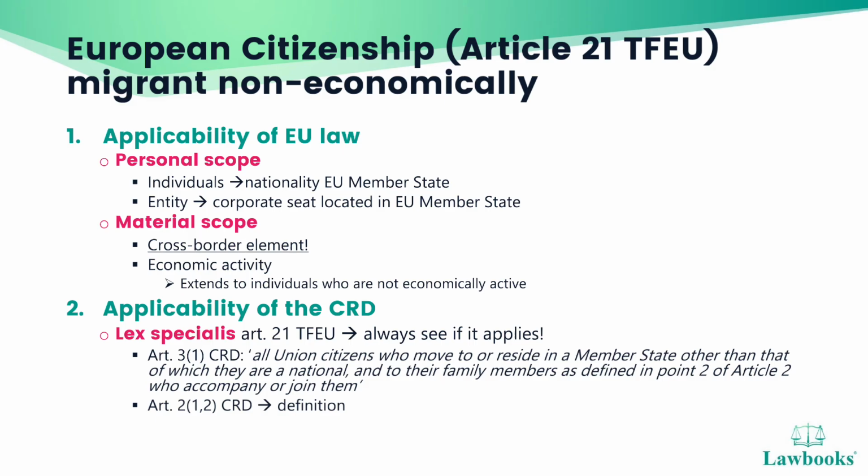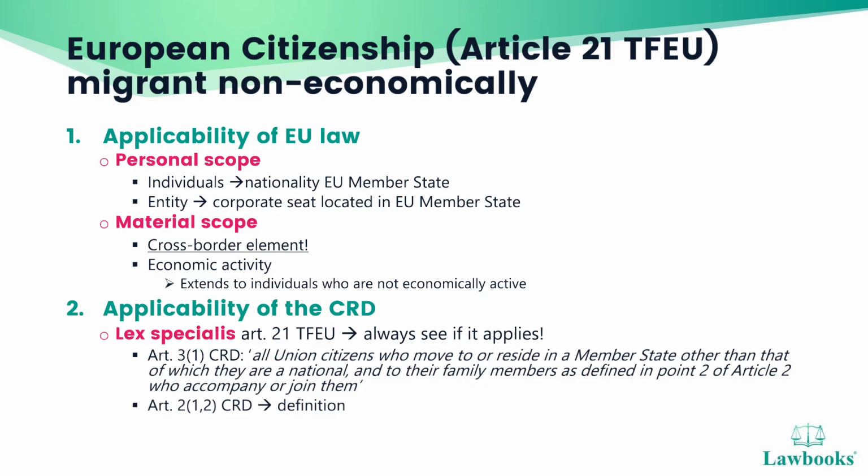We also sometimes, when we're dealing with EU law, almost always need an economic activity. But with Article 21, with citizenship, it's a bit different, because we actually saw that the court became more relaxed with this and that it actually extends to individuals who are not economically active. So we see it in the title. It also applies to migrant non-economically active persons.